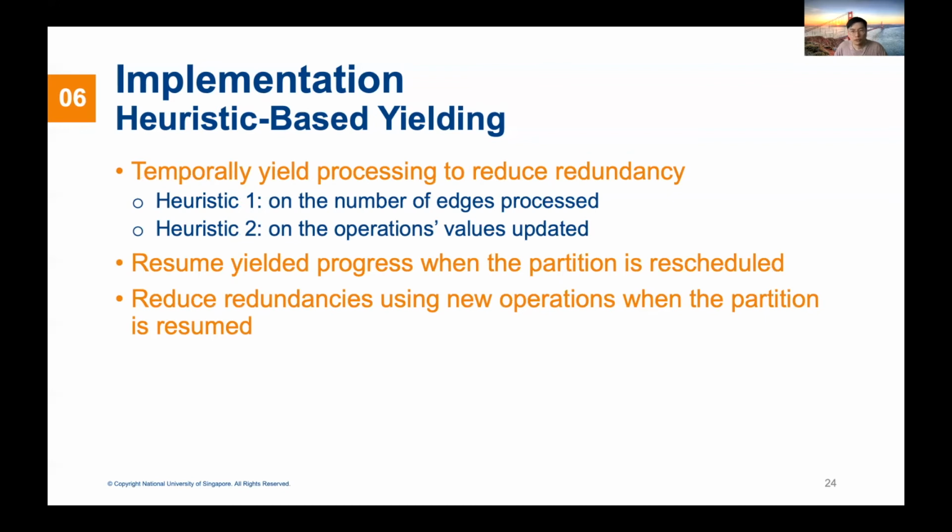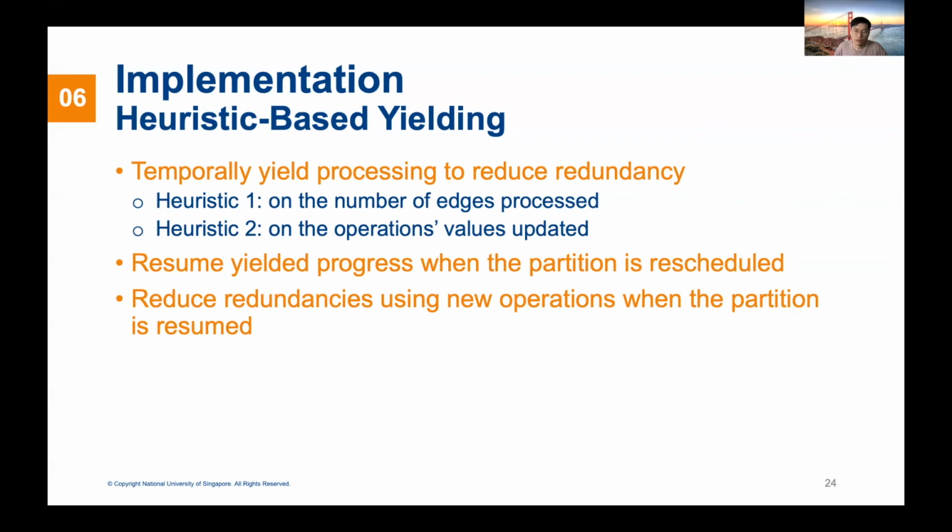Therefore, we propose to early terminate the processing of operations in the partition based on two heuristics. The first is that if the number of edges processed in the partition is greater than a threshold, the query should yield. The second is that if the change of values within a partition is greater or smaller than a threshold, the query should yield. The processing of a partition terminates when all the queries within the partition terminate or yield.